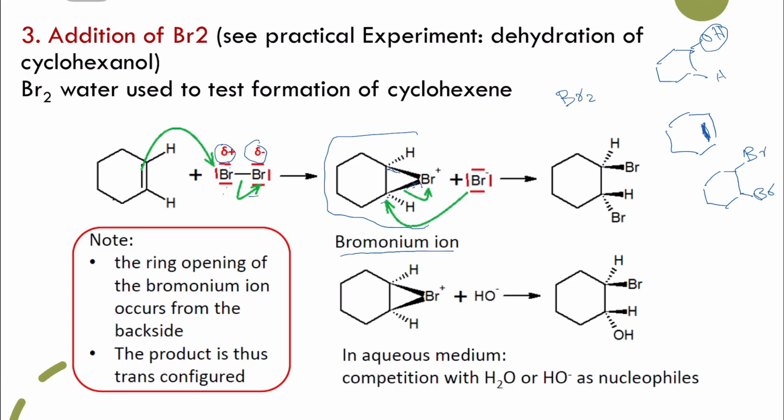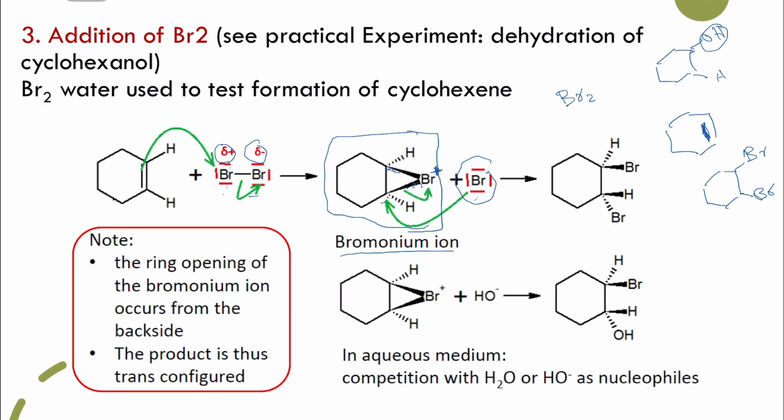This is different from the addition of hydrogen halide, where the hydrogen adds itself to only one carbon. Now the bromine adds itself to both carbons and it will have a positive charge, and then the other bromide will have a negative charge.